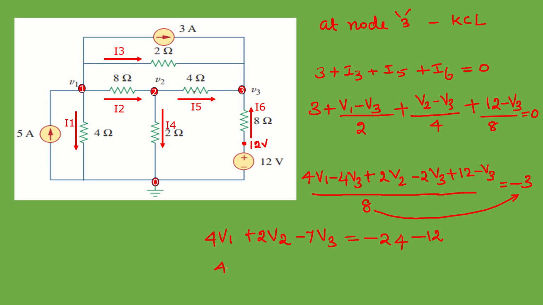So we have 4V1 plus 2V2 minus 7V3, that is equal to minus 36. This is our third equation.